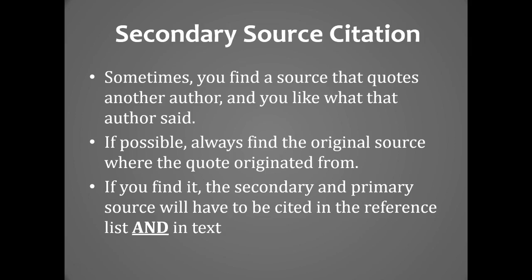Now, ideally, in the best of all possible worlds, if you weren't a busy student and had plenty of time, if you really, really like the data or the information that someone cites, go and find the original source and read it.